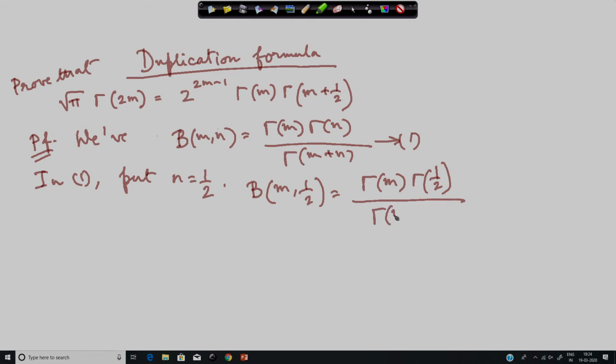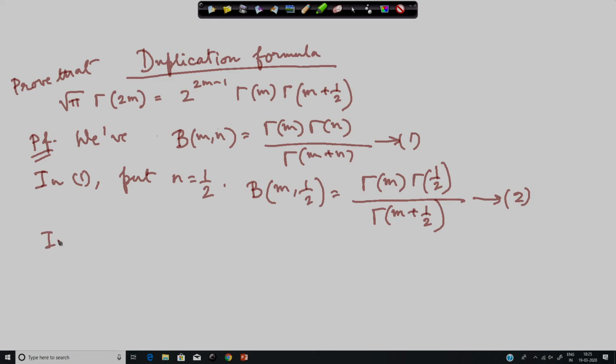You see, in the duplication formula gamma m is present, gamma m plus half is present, and also gamma 2m is present and root pi is present. So gamma half will give you that root pi. Let me number this 2.